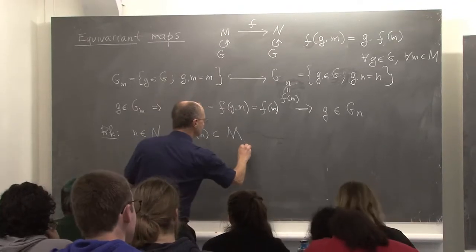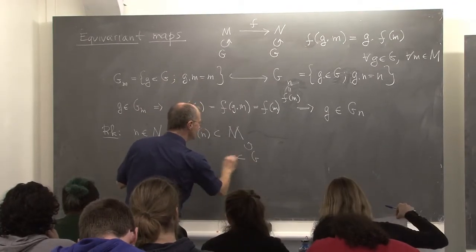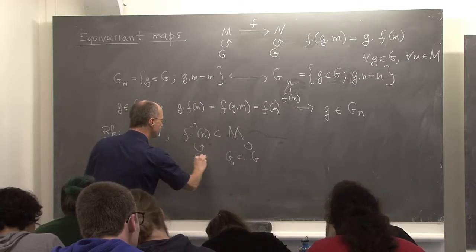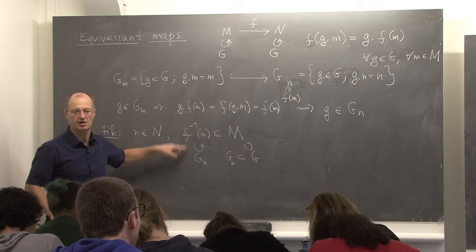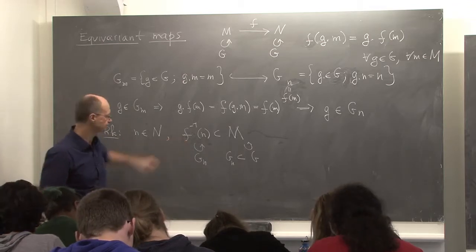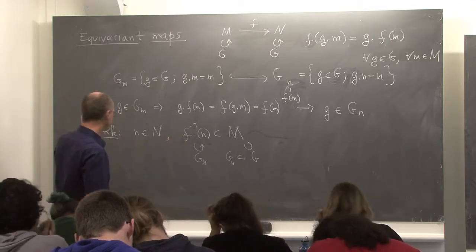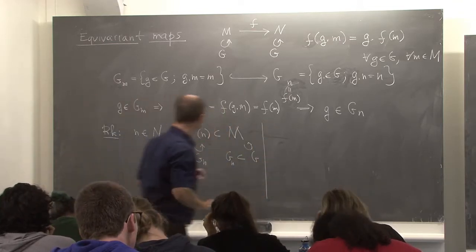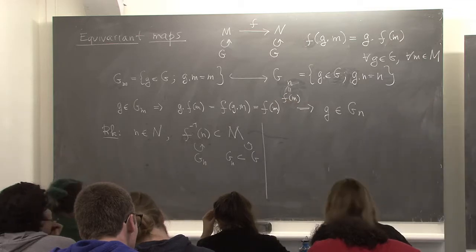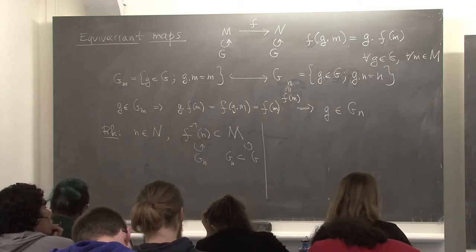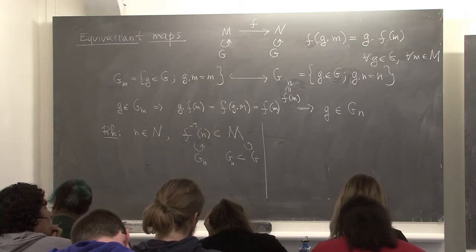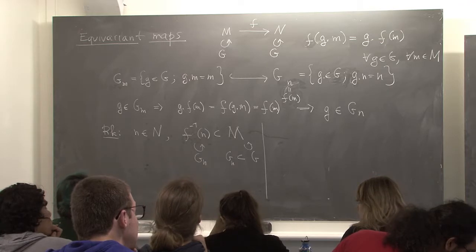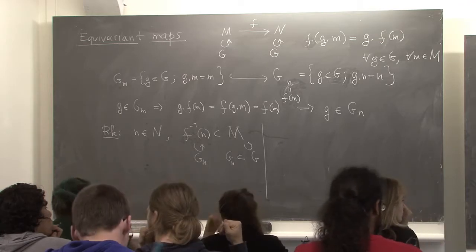So here we have an action of G. Inside G sitting Gn. And so this subset carries a Gn action.